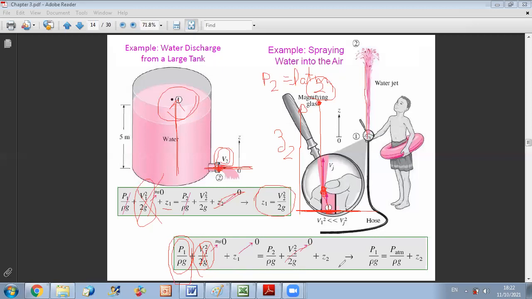From this relation, I can say that P1 over rho g, after simplification, is equal to P atmospheric over rho g plus Z2. So I can deduce, if you take P atmospheric to the other side, then P1 gauge, which is the difference between the absolute pressure and P atmospheric, over rho g, is equal to Z2. And as we said, physically it's expected because the flow energy will be transformed to potential energy.